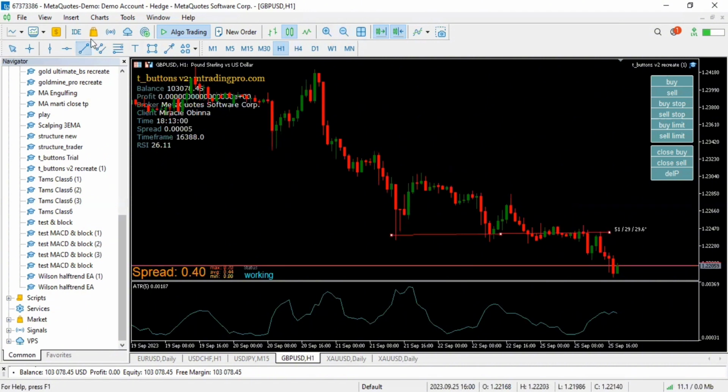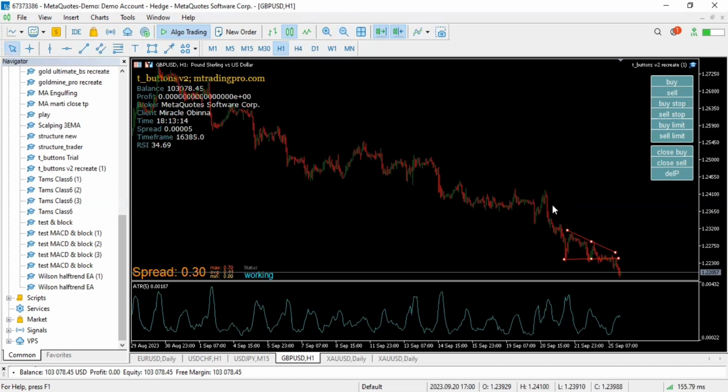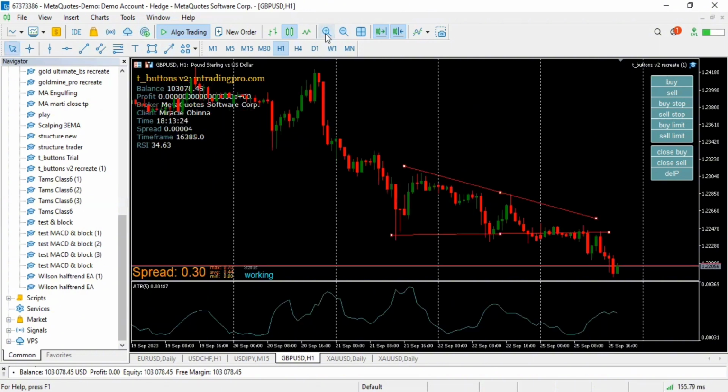I saw it on my mobile device yesterday, so I wanted to show it before the market opened. So this was an impulse, and then we had 1, 2, 3, 4, 5. So at 5 it broke, and if you look at today, it already did the break and retest. So this would have been a good place to take the trade.